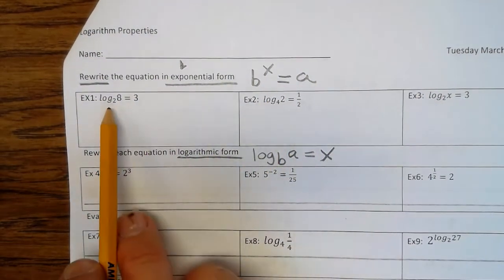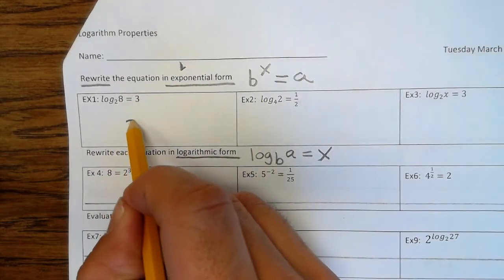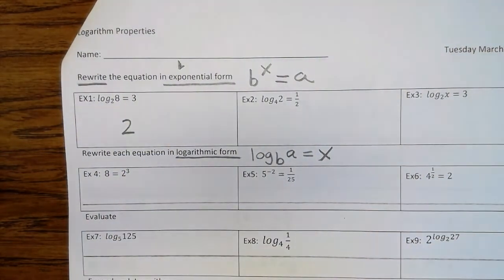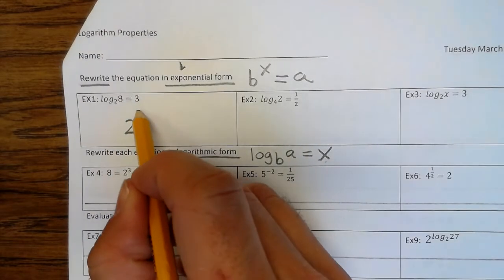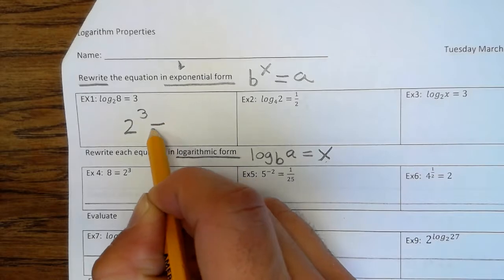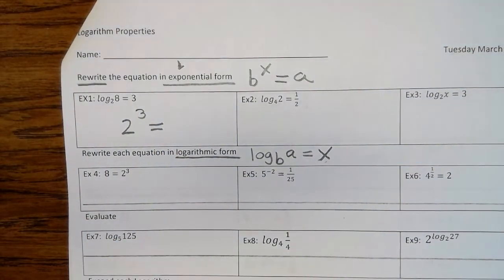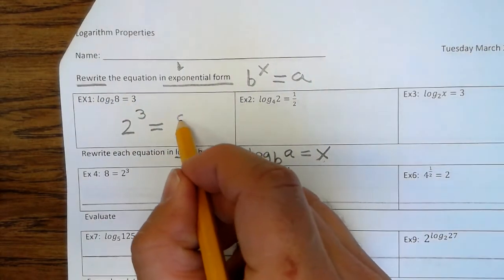So here we can see the b is 2, so that's 2 to the x is 3, so that's 2 to the third, equals the a value, which is 8.